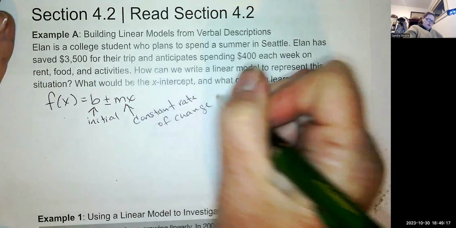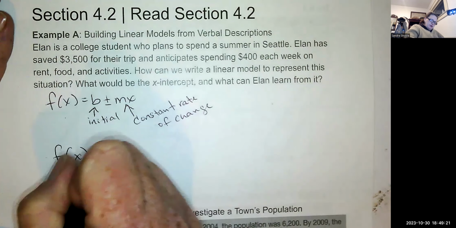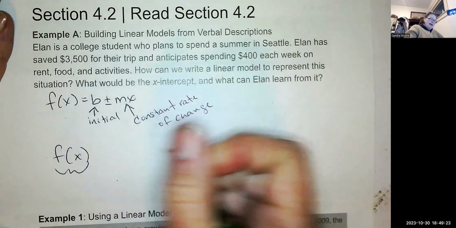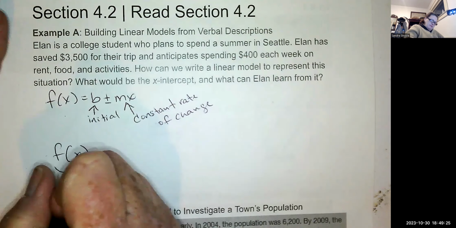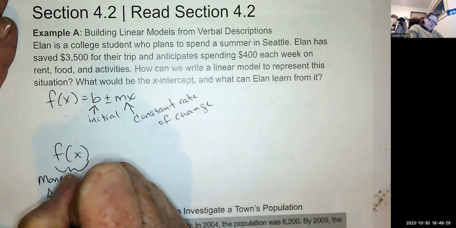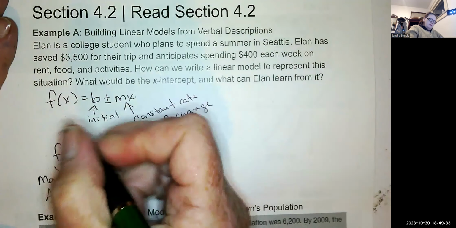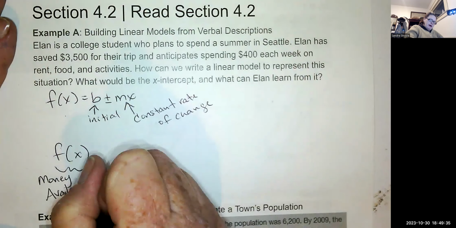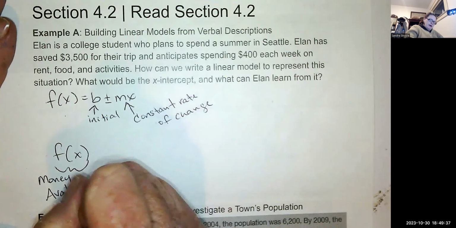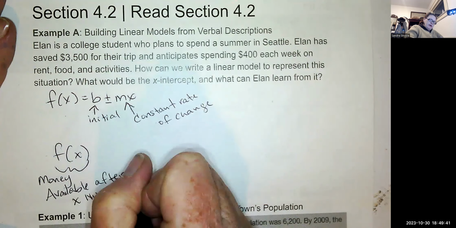All right. So we've got the function for Elin. We need to understand that this is the money available after x number of weeks.